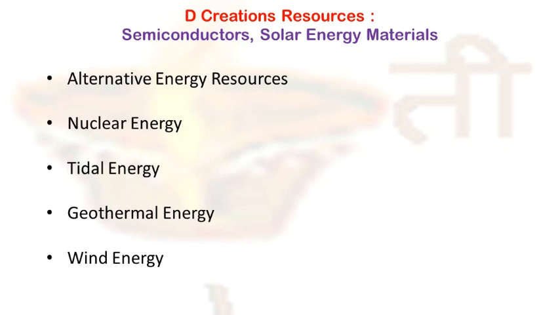Uranium is the coveted element for that. So uranium isotope U235, mass number 235, is less than 1% as compared to the naturally occurring uranium, but that is to be used here.